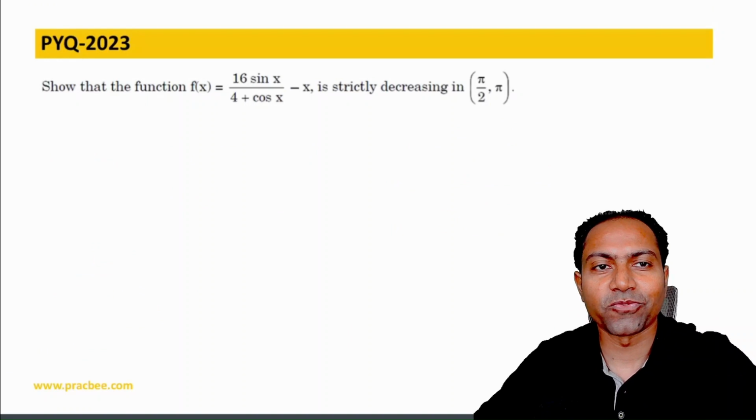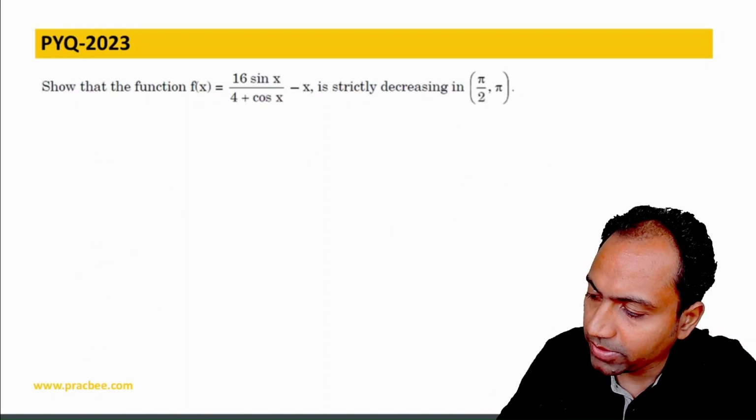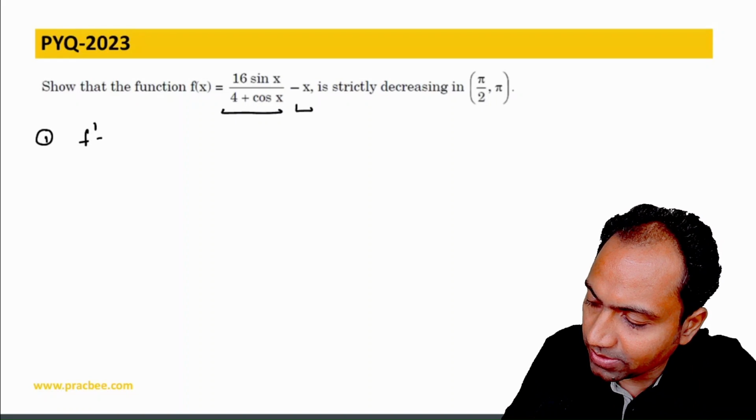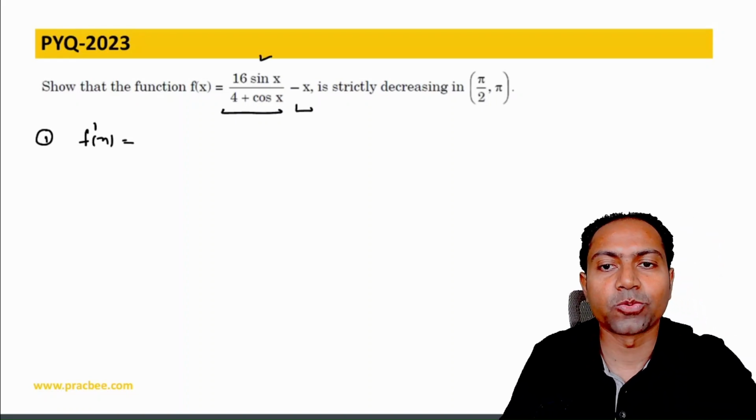Now this next question of 2023 talks about a function that is half trigonometric and half algebraic. So what we need to do is again the same 2 steps: find the derivative of f(x). For the first part, I will have to use the quotient rule.